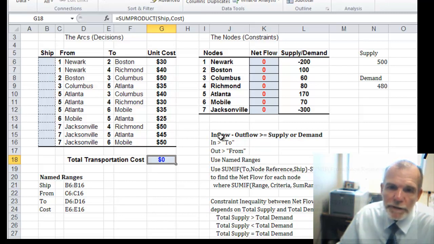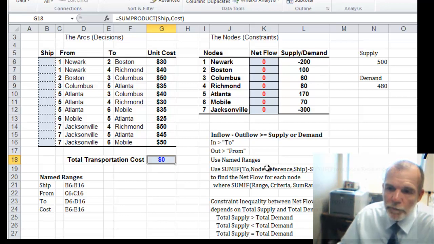So if something's coming in, like coming into Boston, that's coming to Boston the way we're representing it, and something coming out, say out from Newark, it's coming from Newark. And so instead of in and out, think of to and from. And then for a particular node, we can look at what's going out from that node and what's coming into that node. And we can do the inflow minus outflow as a combination of two SUMIF functions.